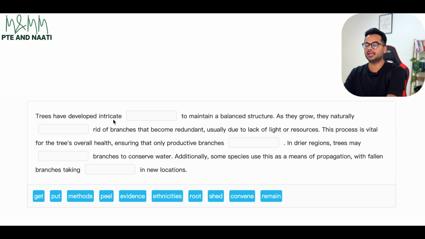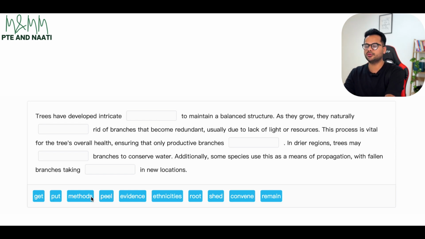Trees have developed intricate methods. Intricate is an adjective over here, which is giving a quality, describing a noun. So we are missing a noun over here. Intricate is an adjective, and the word that comes after an adjective is going to be a noun.